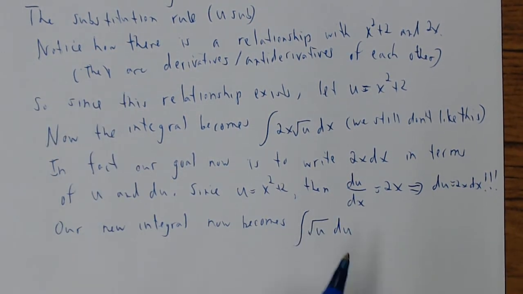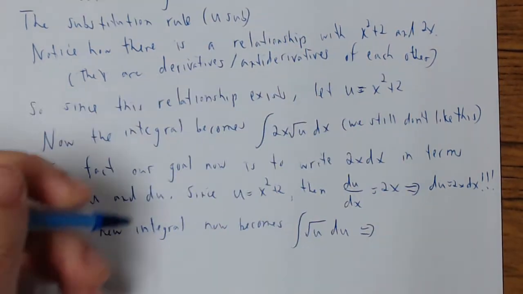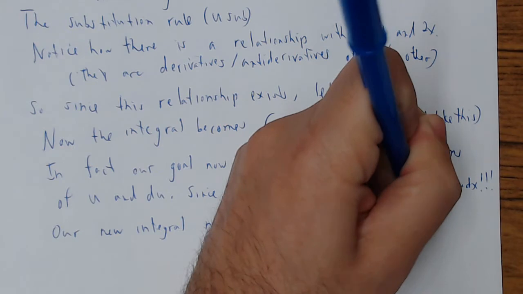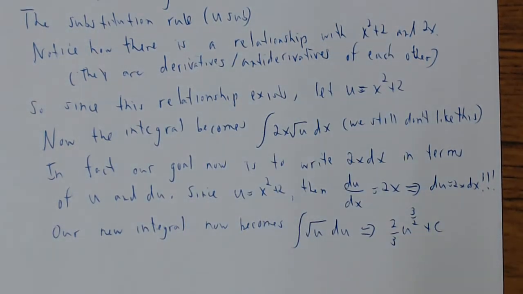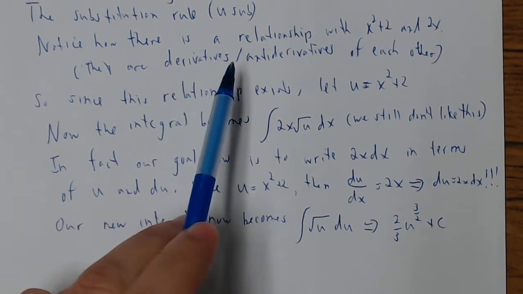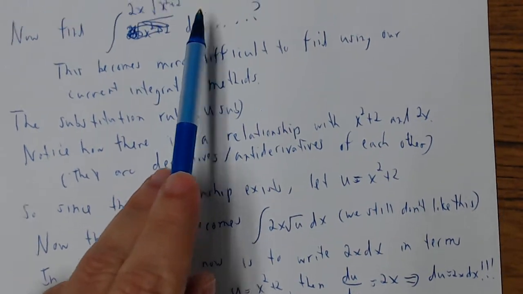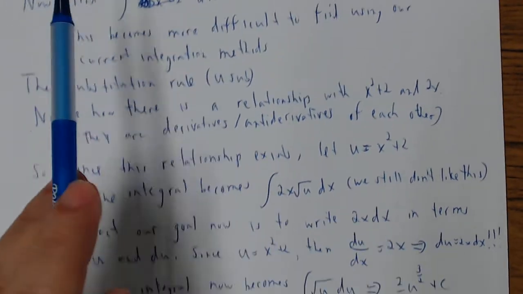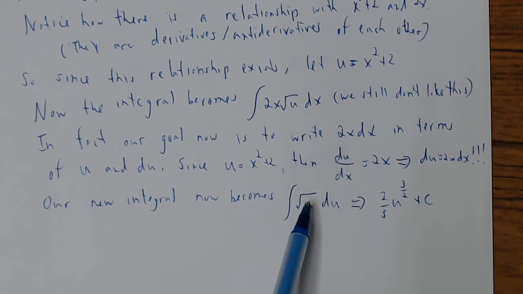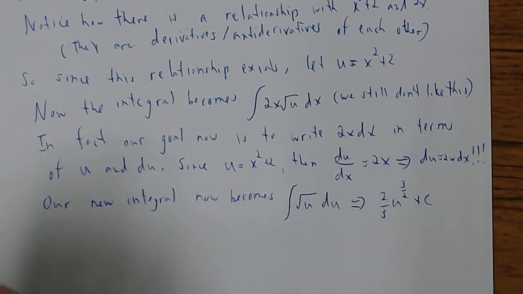So going back to this, what does this then become? This then becomes 2/3 u to the 3/2 plus c. Okay, now u substitution is just a method that allows us to integrate this guy right here. So what that means is my final answer shouldn't be in terms of u, it should be in terms of x. So now that I used substitution to help me integrate, I can substitute back.